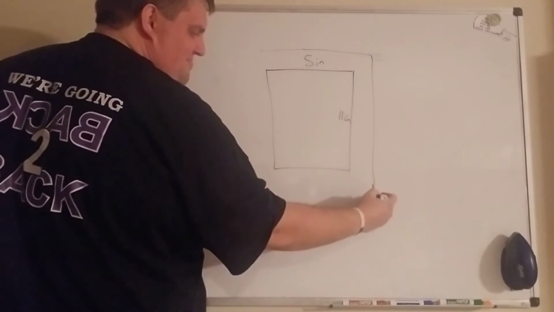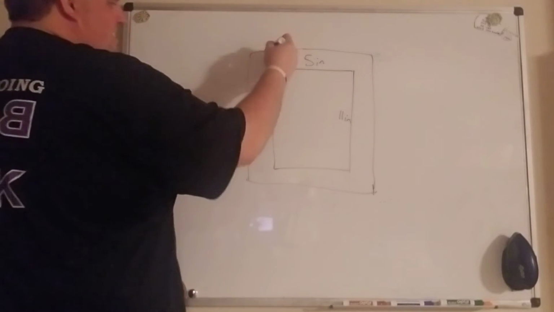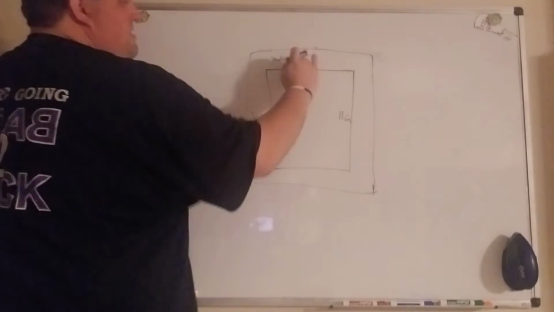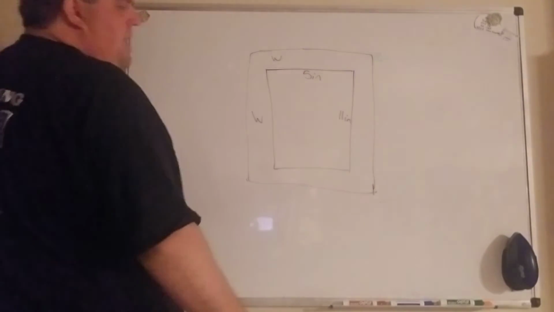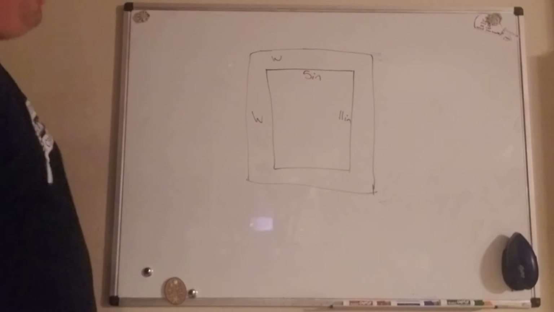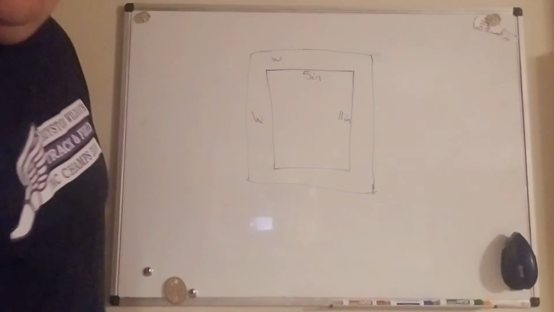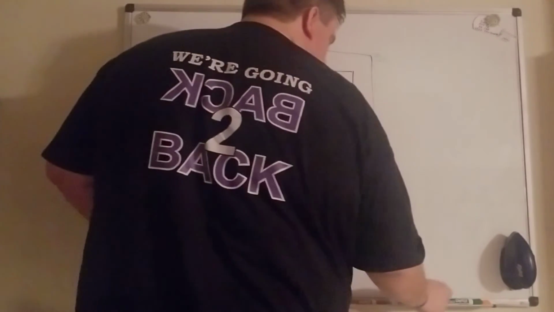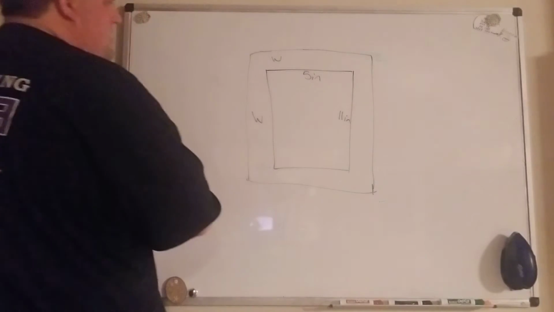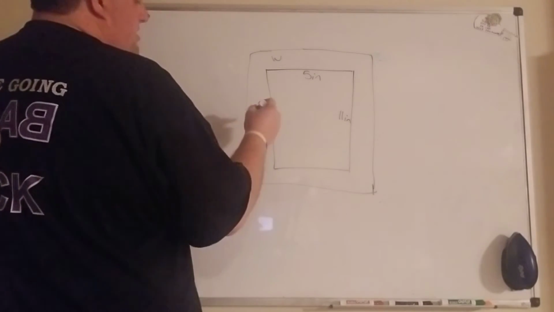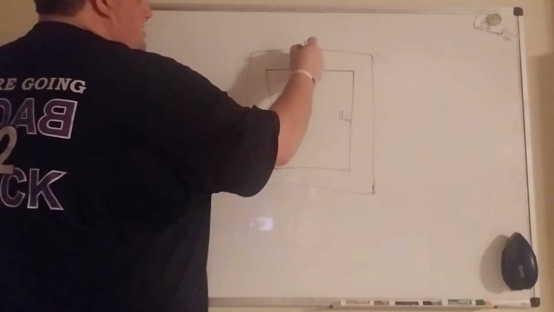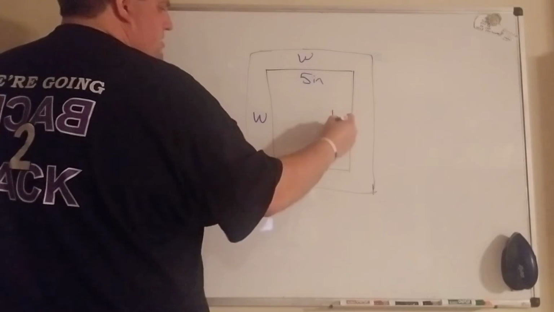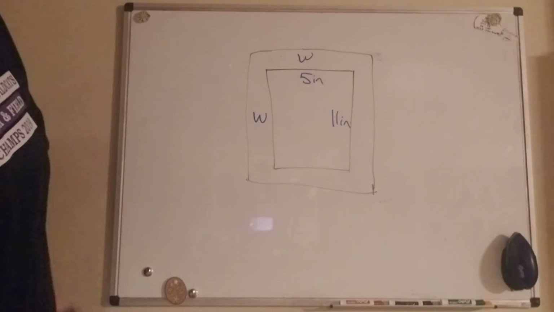Sorry about that. So this is W all around. This 5 I'm going to put inside so it doesn't get confusing. And then we want to know the quadratic equation for the area of the whole thing. This is W. This is W. 5 inches. 11 inches. That looks a little bit better.